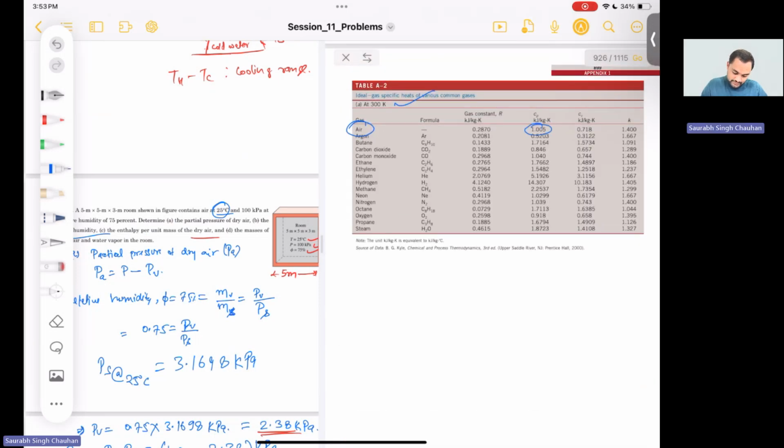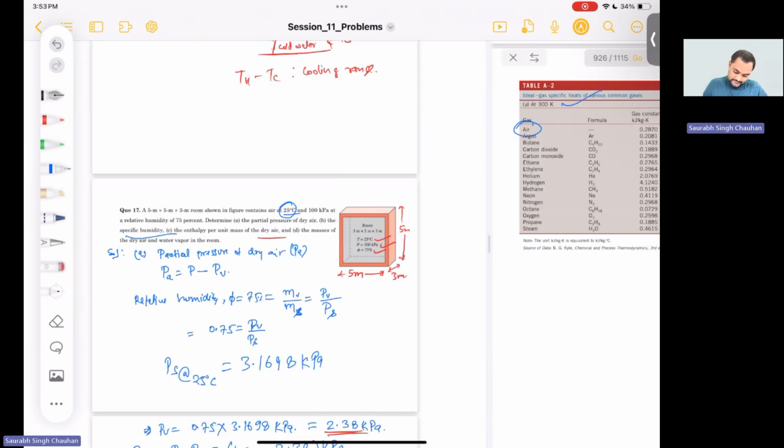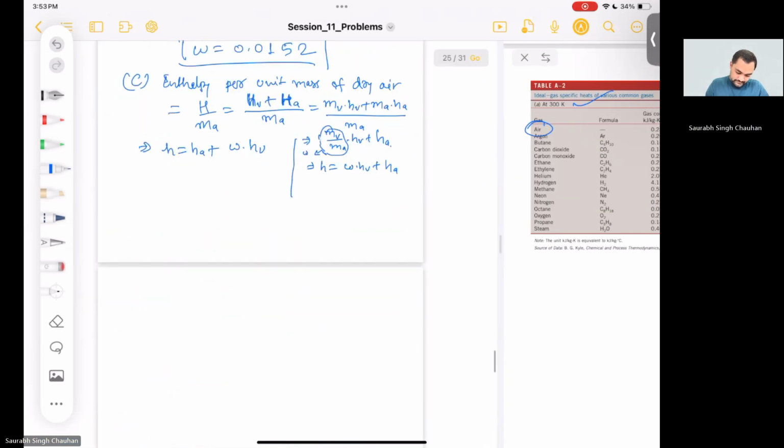CP is 1.005. For HA, this will be CP into T, 1.005 into temperature. If you substitute the values, you'll get 1.005 into 25 degrees Celsius.